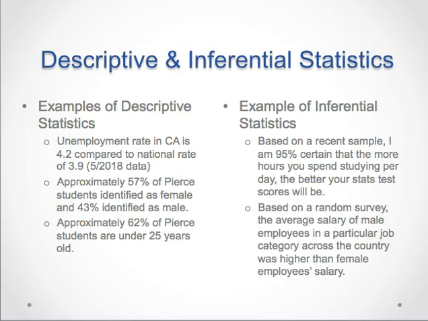So you can see, or hopefully you can see, the difference between examples of descriptive statistics and examples of inferential statistics. Key terminology for inferential: based on a recent sample, based on a random survey, right? So those types of terms clue you in that we're making inferences, right? We looked at sample data and we're making a prediction about what's going on in the actual population data.